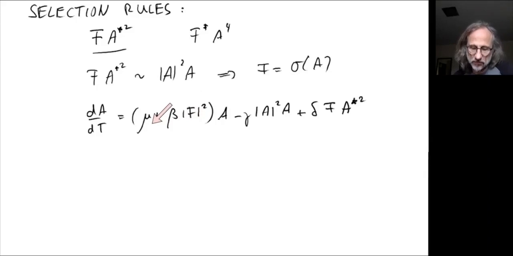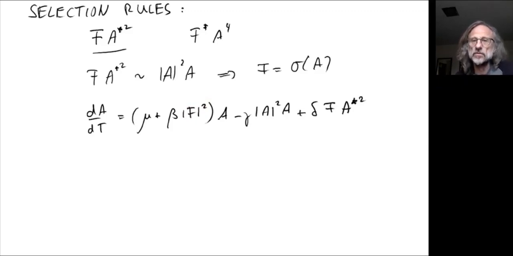So the real part of beta tells us how the forcing changes the growth rate of A, and the imaginary part of beta tells us how the forcing changes the frequency of the oscillation. This is actually the same kind of term we also had in the non-resonant case. So this is a very generic term, and it will pop up everywhere.